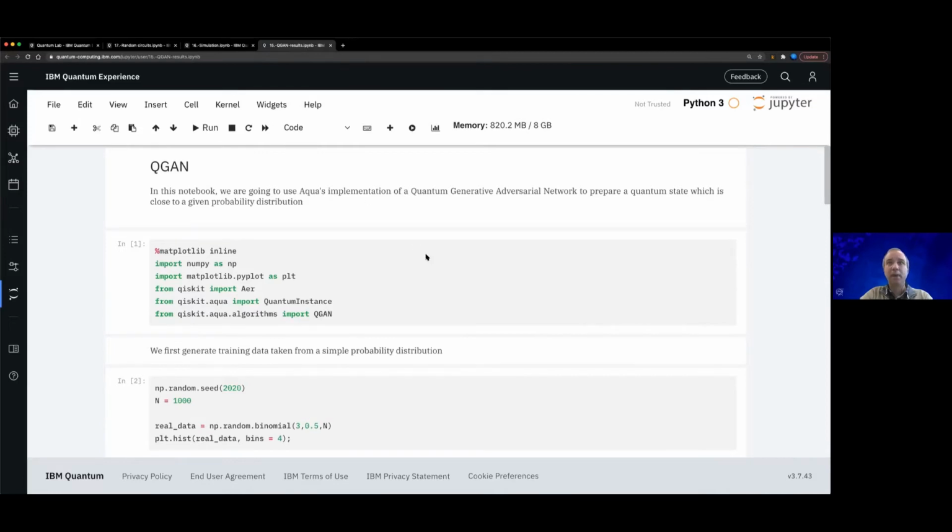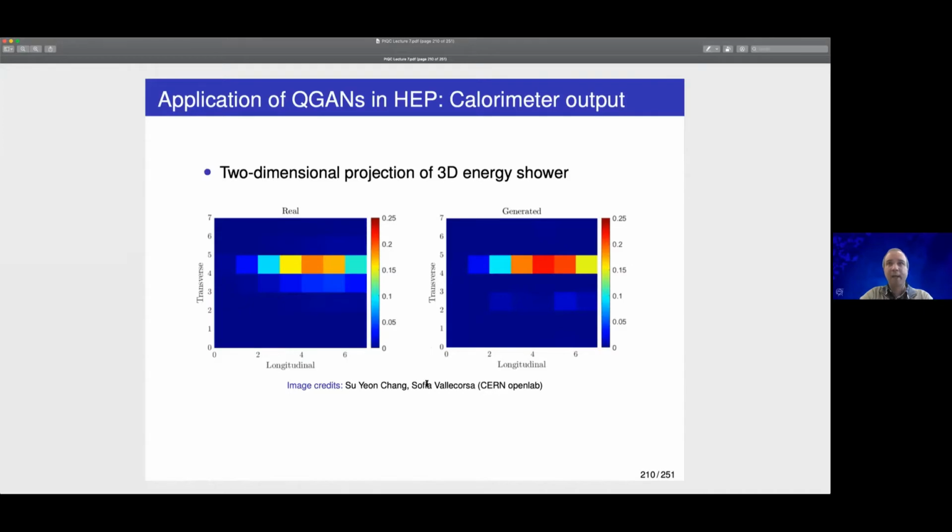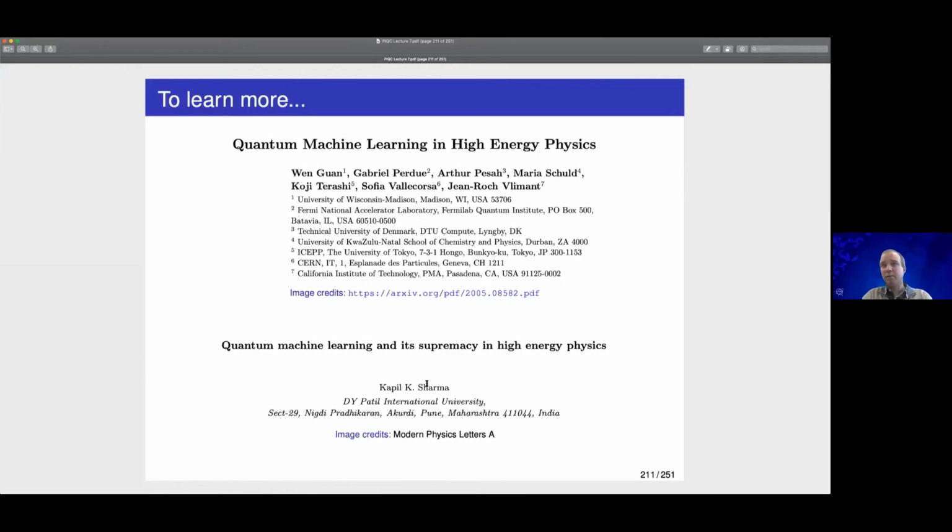Let me go back to my slides. Okay, so this is all that I wanted to show you about quantum machine learning. Of course, quantum machine learning is a very active field, and there are many new developments and different models that I have not covered.